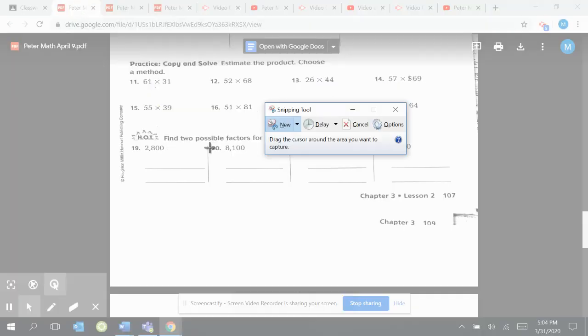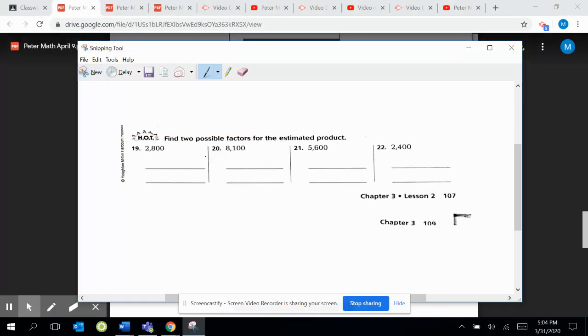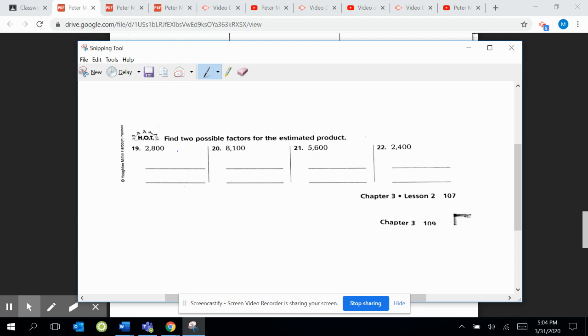I want a new one, and we'll just talk about this. Okay. So if you pretend those zeros aren't there, you got to remember your math facts here and think what times what equals 28. Oh, I didn't want all that. Okay. What times what equals 28?